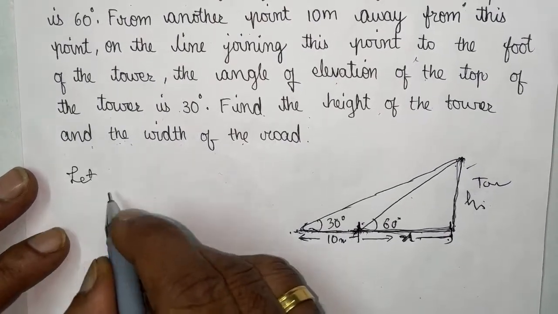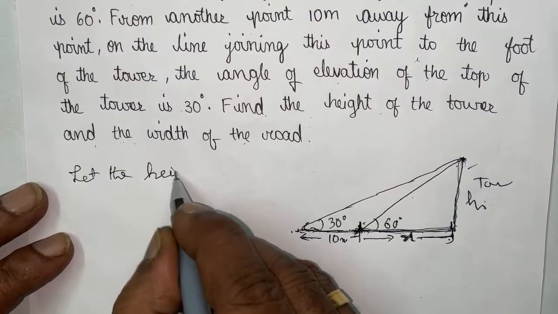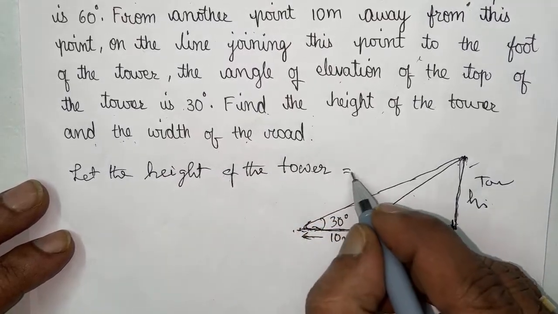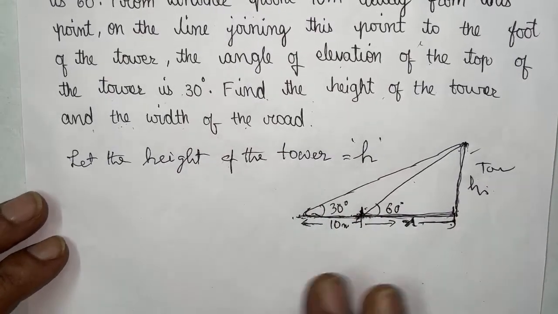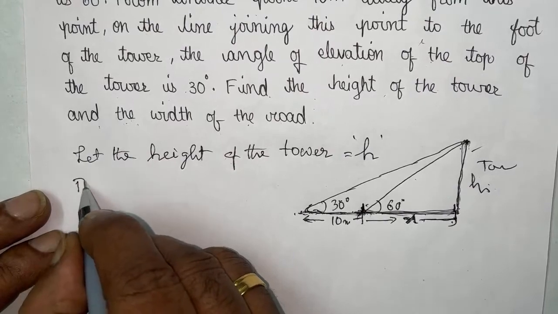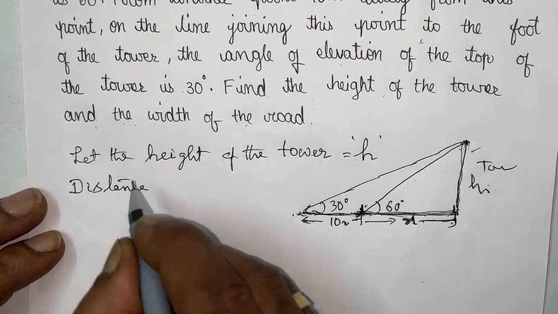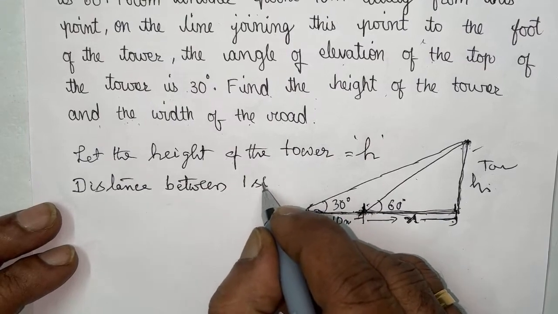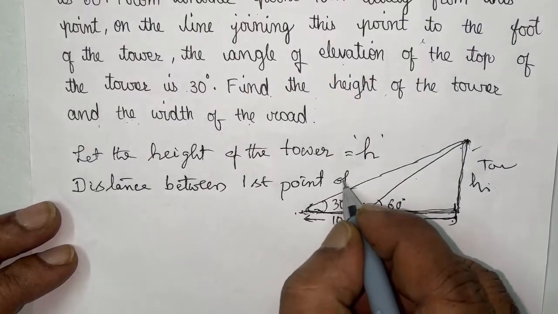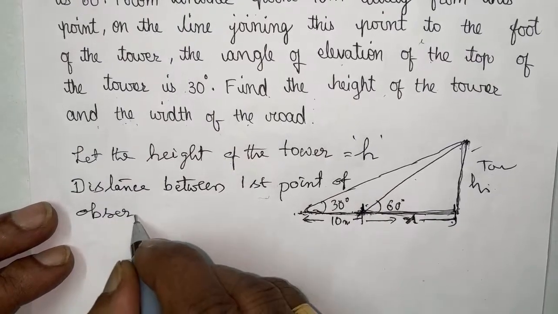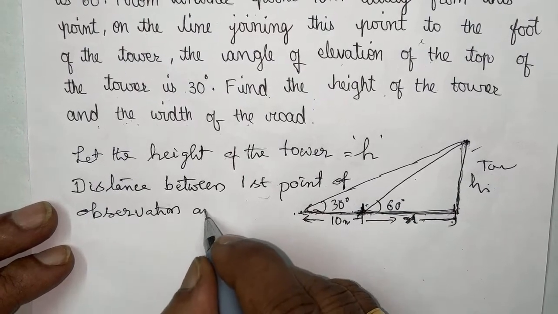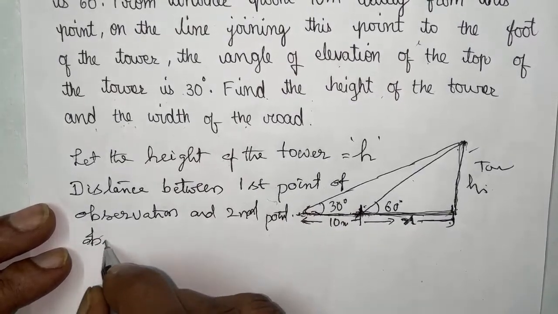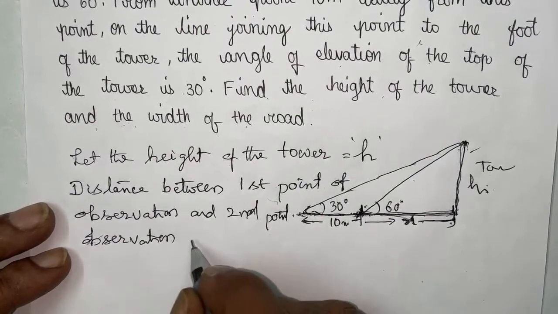Let the height of the tower be h. The distance between the first point of observation and the second point of observation is equal to 10 meters.